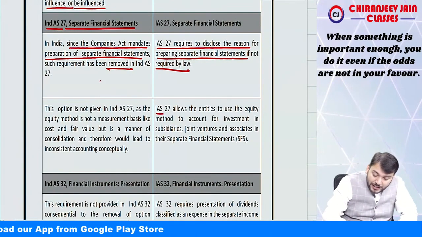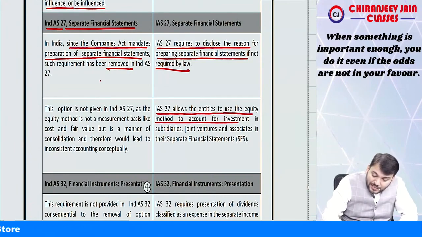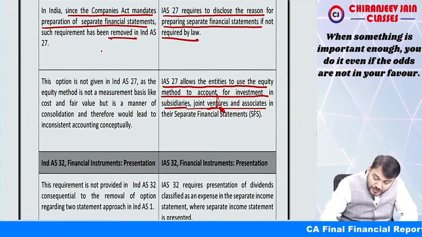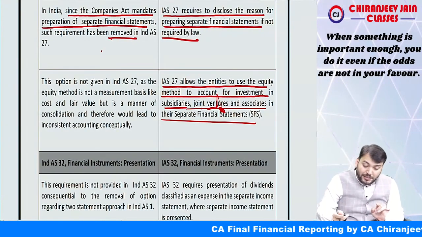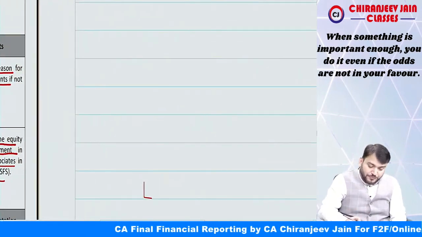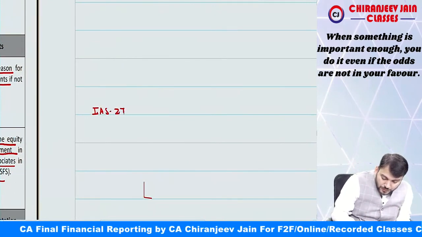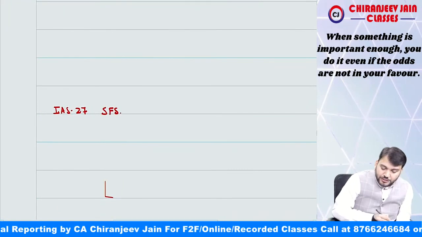Then one more major difference, the second point. IAS 27 allows the entity to use equity method to account for investment in subsidiaries, joint venture, and associate in separate financial statement. In separate financial statement, IAS 27 allows the entity to use equity method. Means IAS 27 has given the option. IAS 27 is for the preparation of separate financial statement.